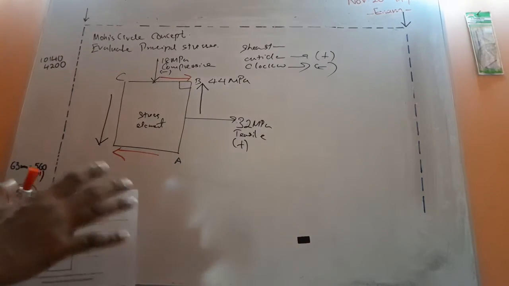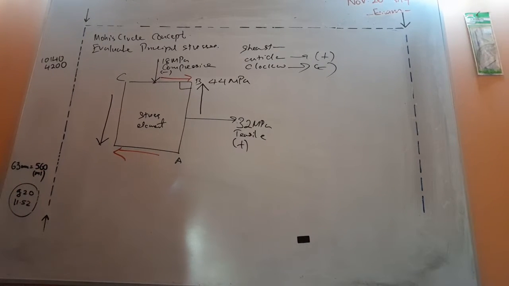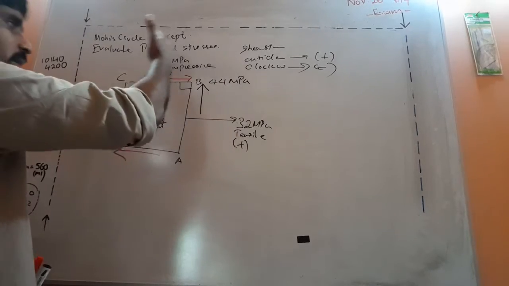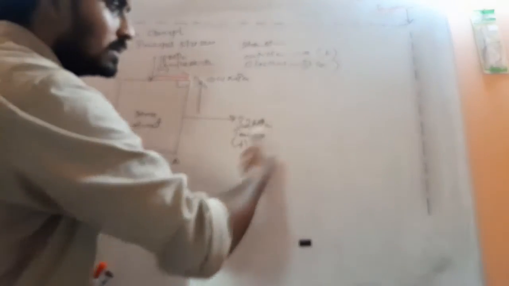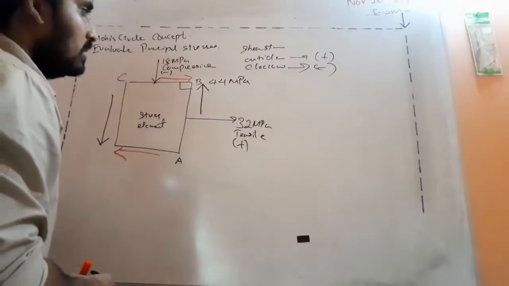That is the sign convention. Now, based upon this stress element, we are going to construct the Mohr circle.